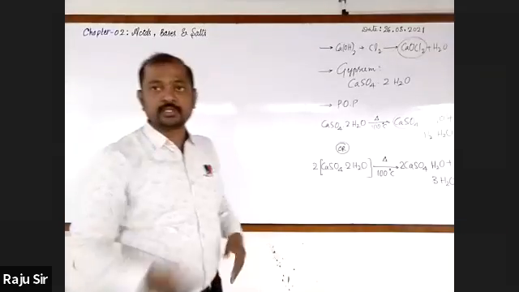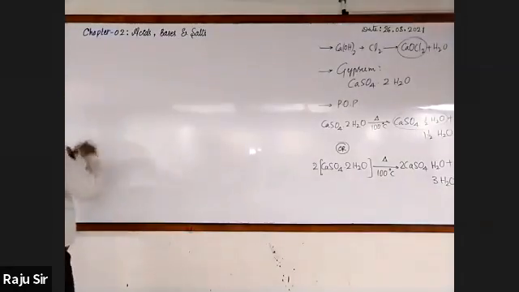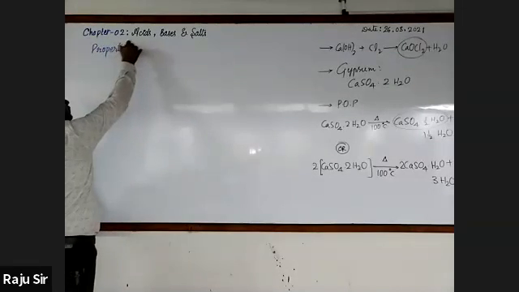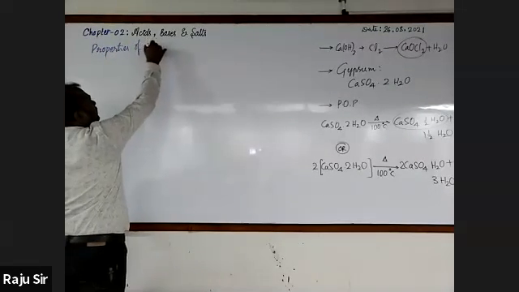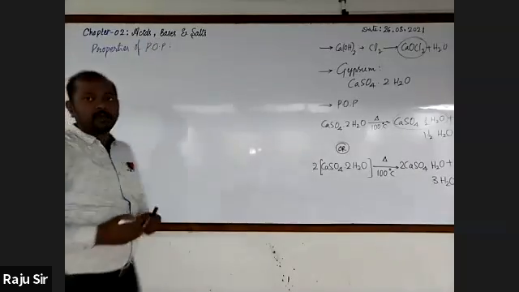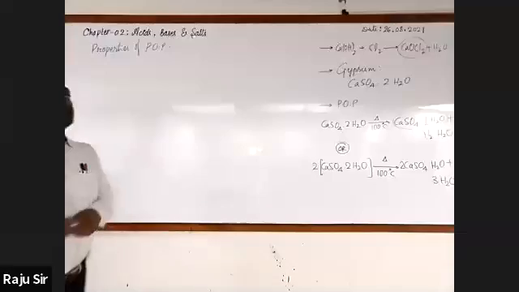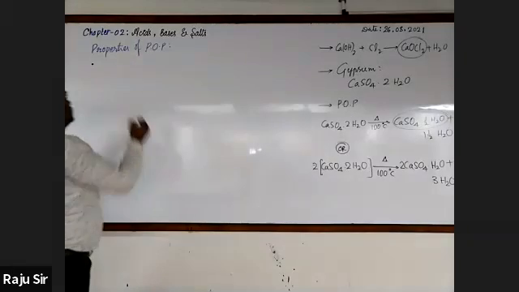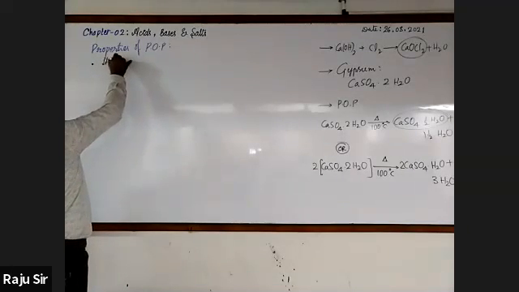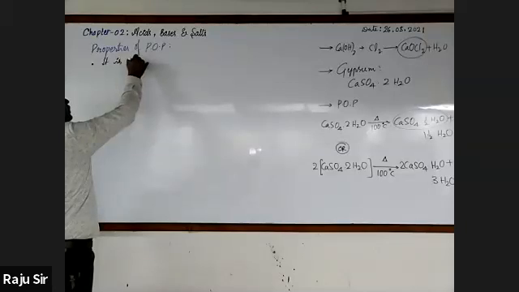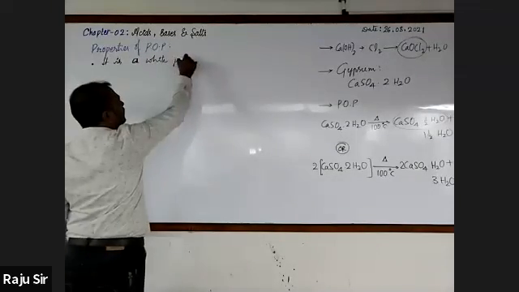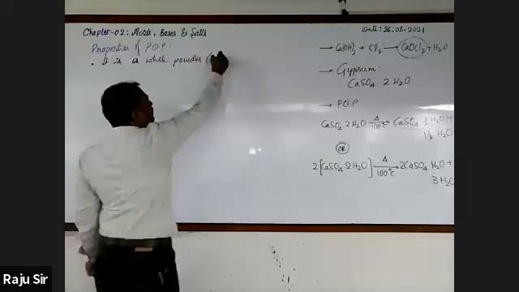Then it has some uses, and before that, let us write the important properties of POP. All these points are important. It is a white powder; in brackets you can write amorphous.